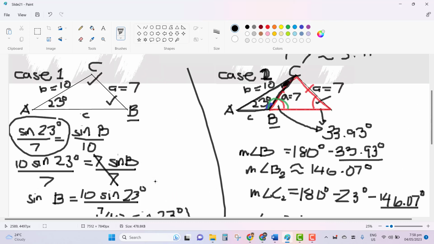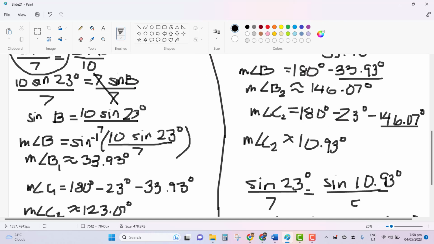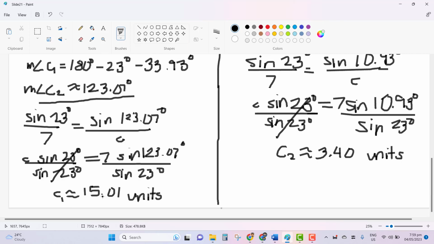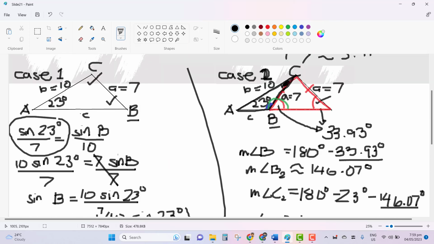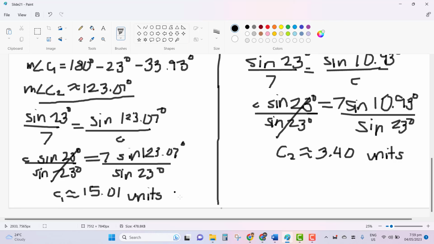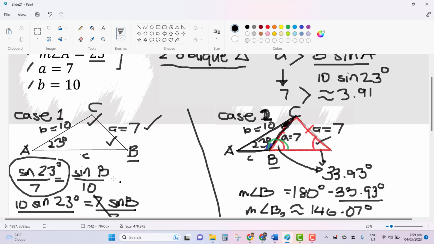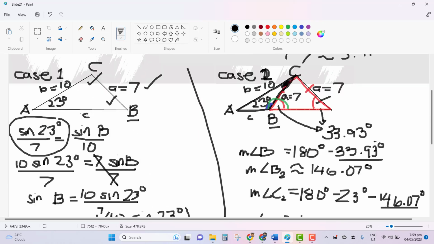For case 1, your largest angle is 33.93, so C is 15.01 versus 10 versus 7, that's your longest side. Your smallest angle is 23 degrees, so 7 is your shortest side versus B, which is 10, and versus 15, which is also true with case 2.